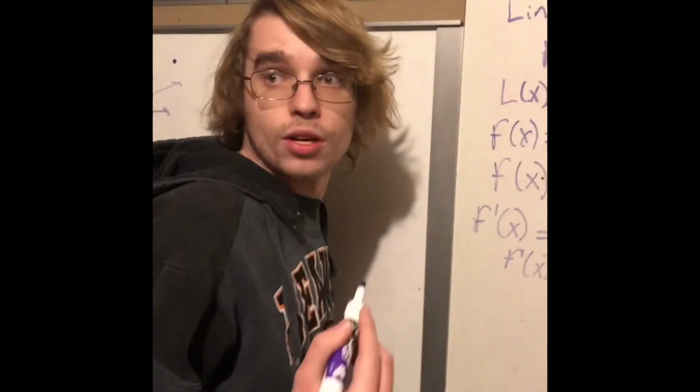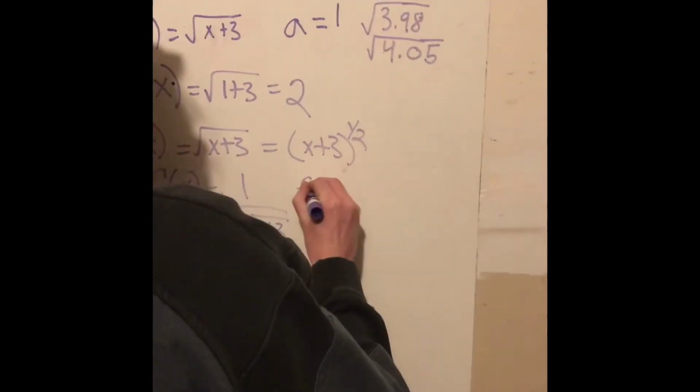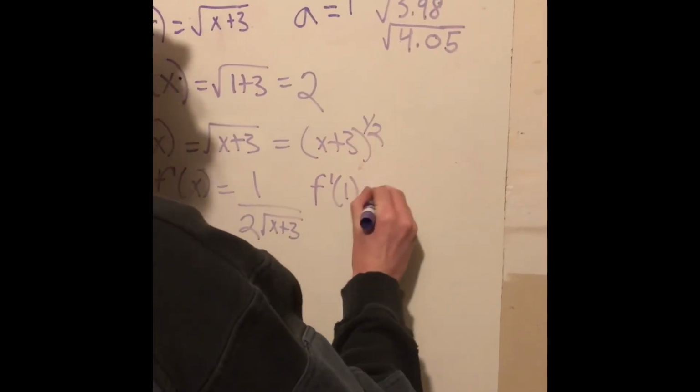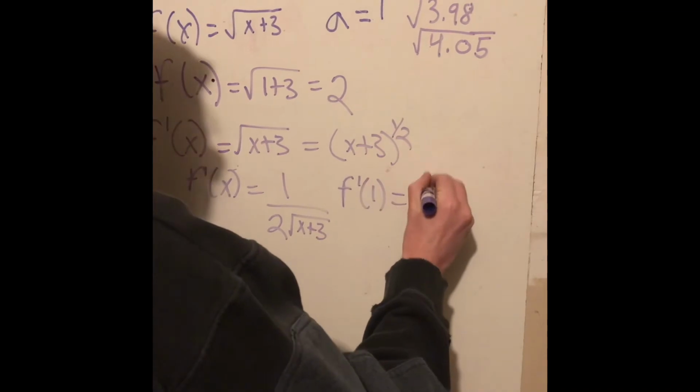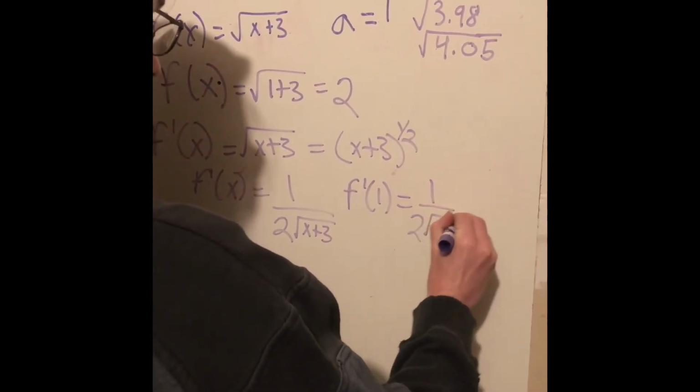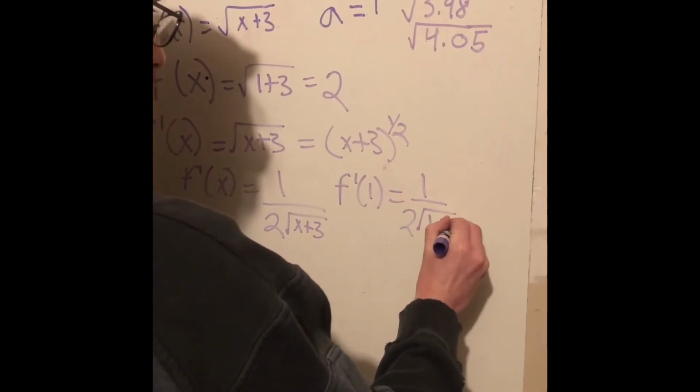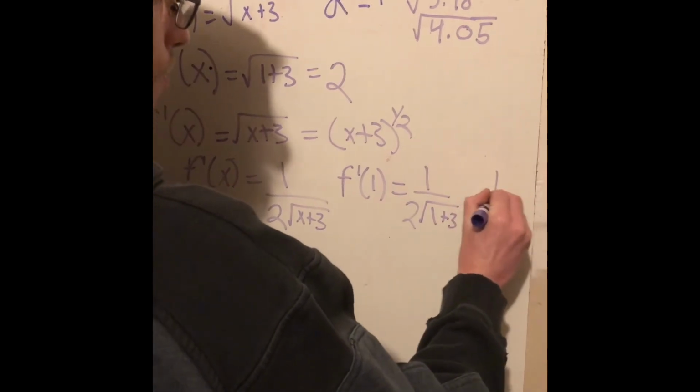And I'm going to go ahead and plug in 1 to find the slope at that point. So f prime of 1 is equal to 1 over 2 square root of 1 plus 3, which is equal to 1/4.